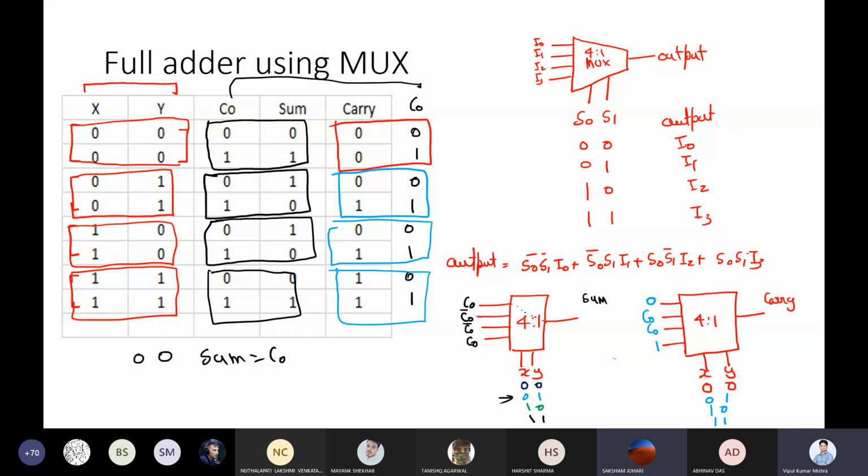It will be an 8 to 1 mux, right? So 3 selection lines will be there so that you have all 8 options in the selection lines. Then based on each individual value, you will make a pair and check what the output will be. Got it? So then you utilize the 8 to 1 mux.